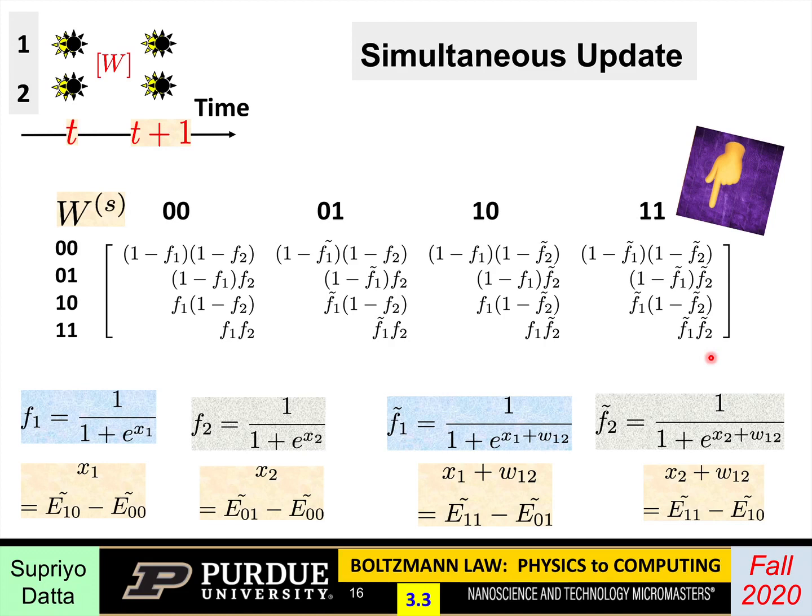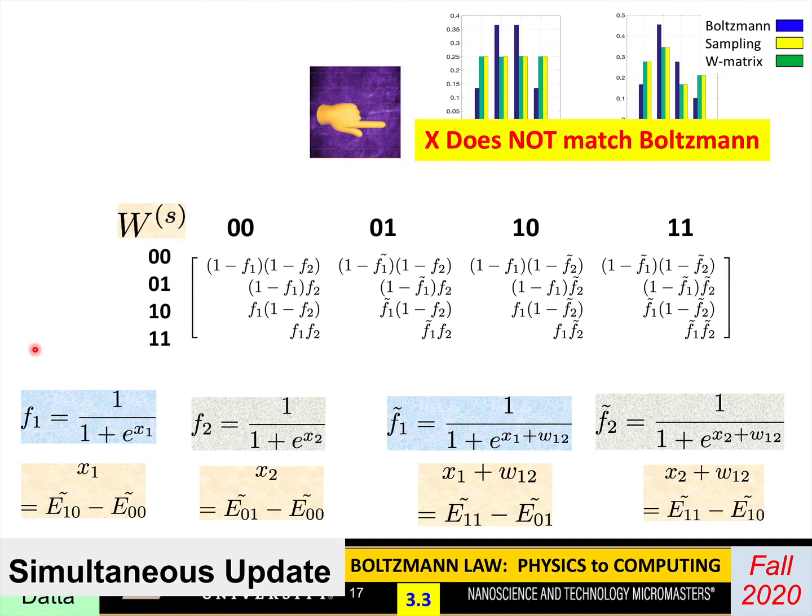And you could, of course, do the experiment on the computer by updating them simultaneously, one step after the other, over and over, or this W matrix gives you a kind of an analytical way of describing this. Now if you compare, here I'm showing again the three methods: the Boltzmann method, the sampling method, and the W matrix method.